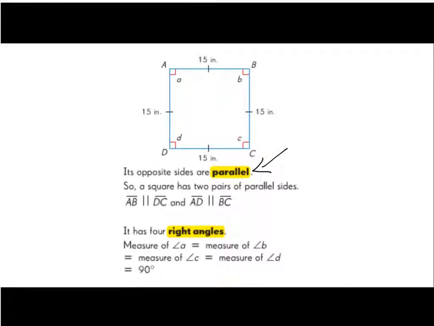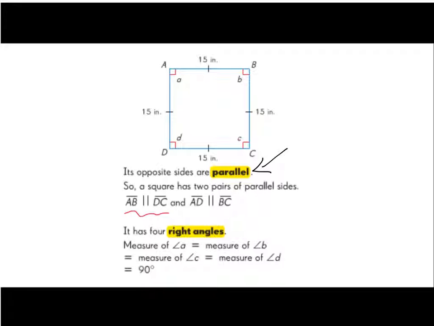I want you to make special note of right here, where it tells you about the sides being parallel. The two lines in between the line segment names show that the line segments are parallel.